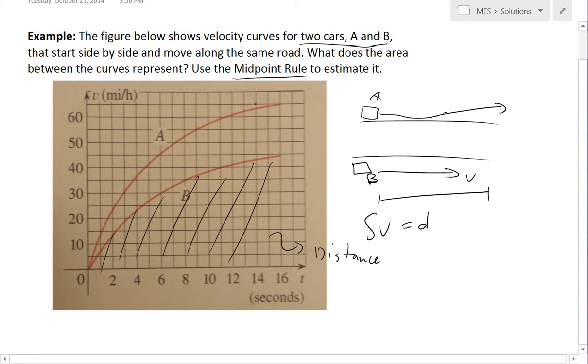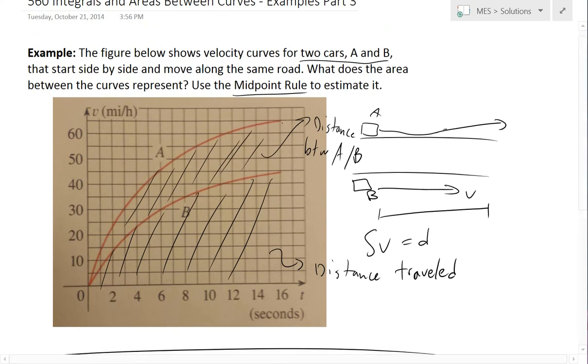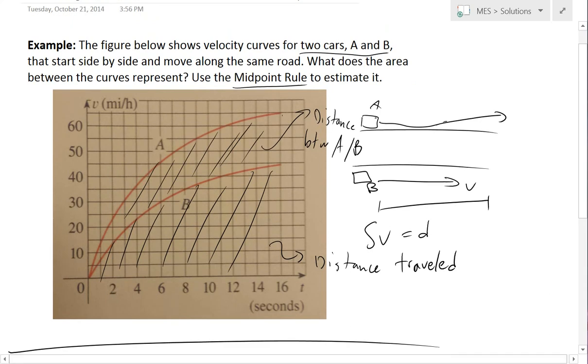And also for A, the area under A is also distance. So the difference, this area right here, is basically the distance between A and B.